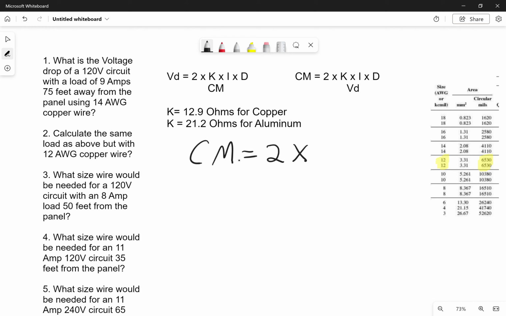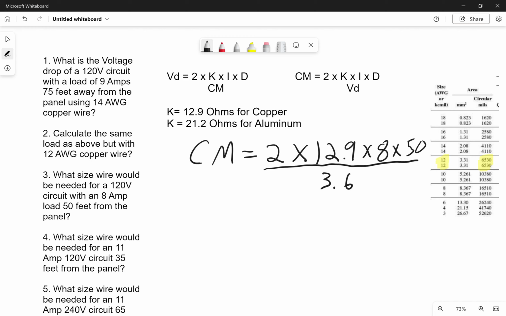We are going to use copper because it's the best choice, unless someone tells us for some reason we need to use aluminum. There's a cost concern or something. We're going to use copper unless somebody tells us not to use copper. So if it doesn't tell us, we're going to assume that it's copper. So we're going to put in 12.9 times our amperage, which is 8 amps on this one, times our distance, which is 50 feet. And then all of that gets divided by our voltage drop, which for 120 volts is 3.6 volts. And now we just do the math, right? 2 times 12.9 times 8 times 50 equals 10,320.